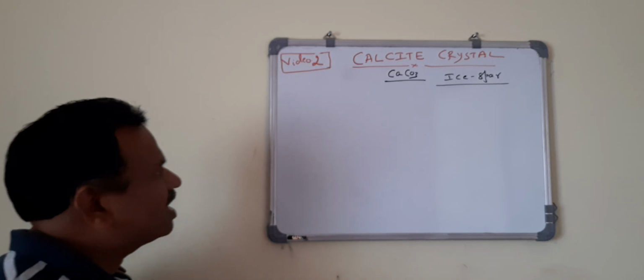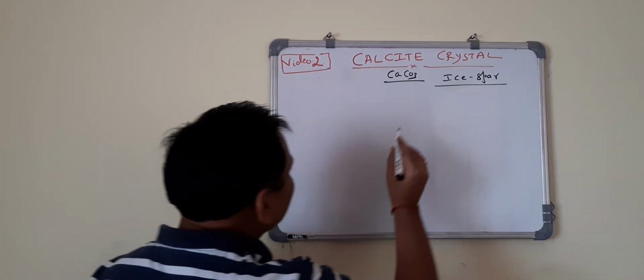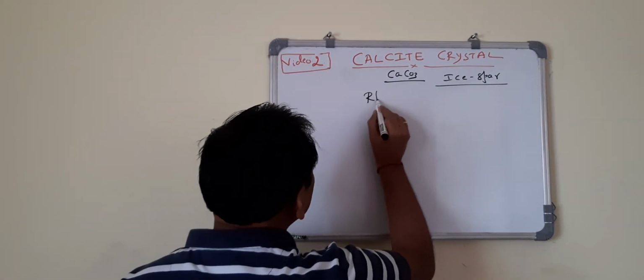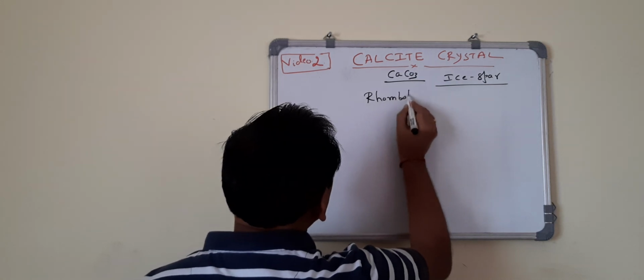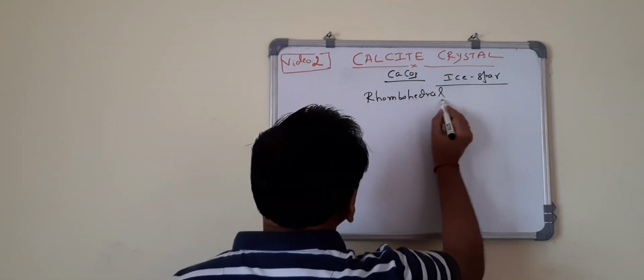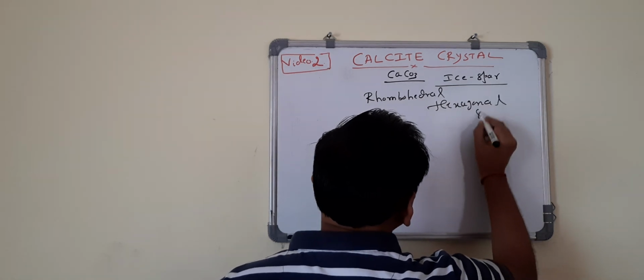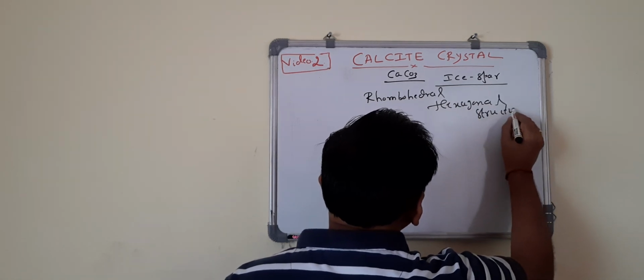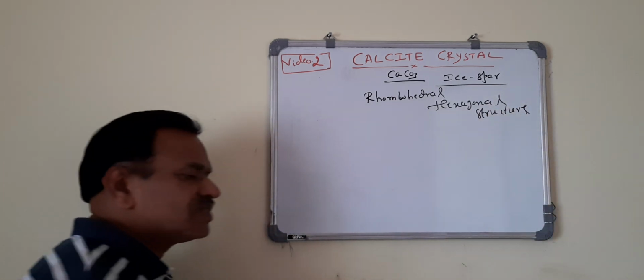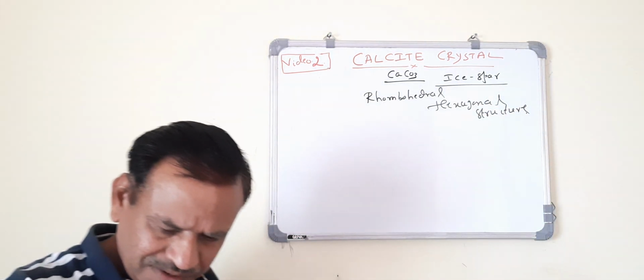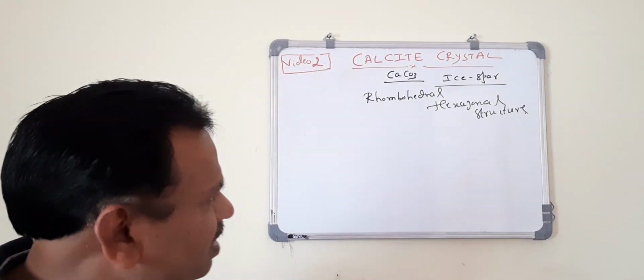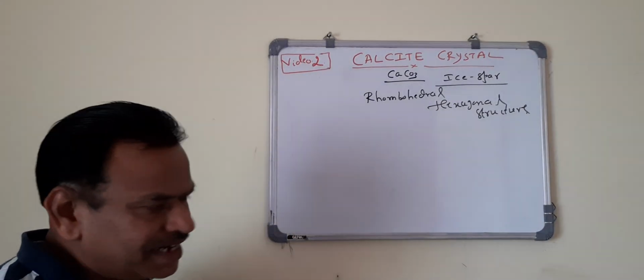Here, calcite crystal has a rhombohedral hexagonal structure. If you look at the diagram in the books, you will not understand this one, so I will try to explain it.